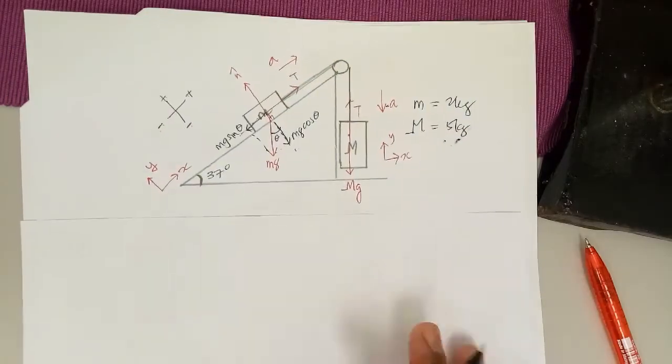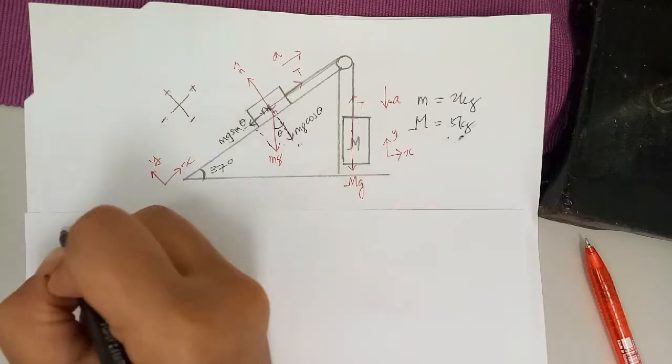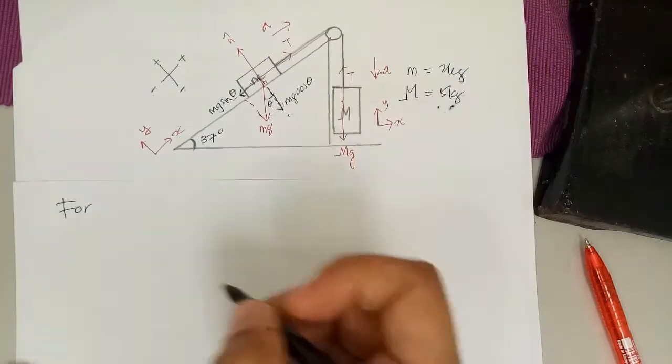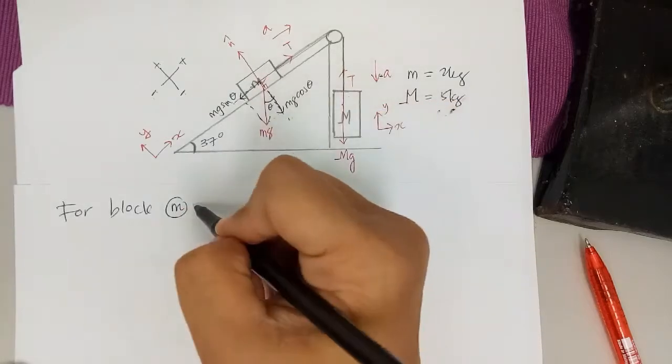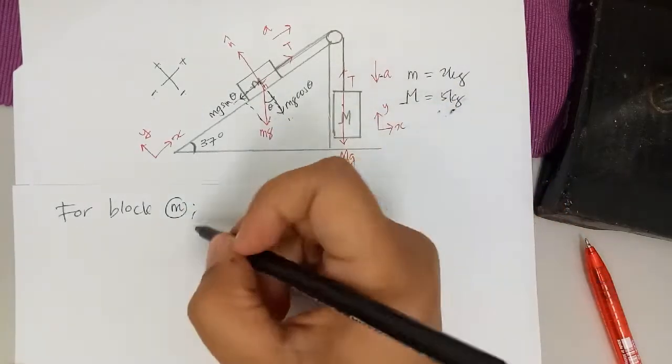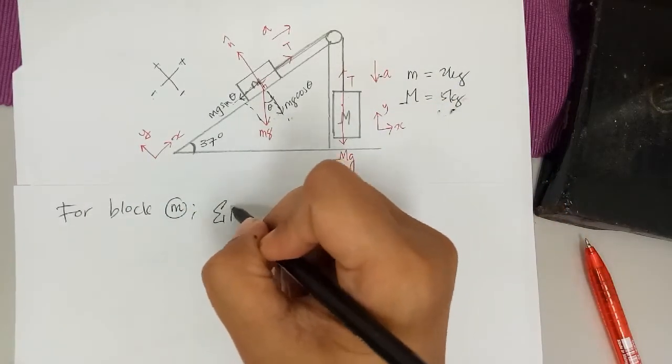Let's write for the smaller block m. For Newton's second law, all the Fx.